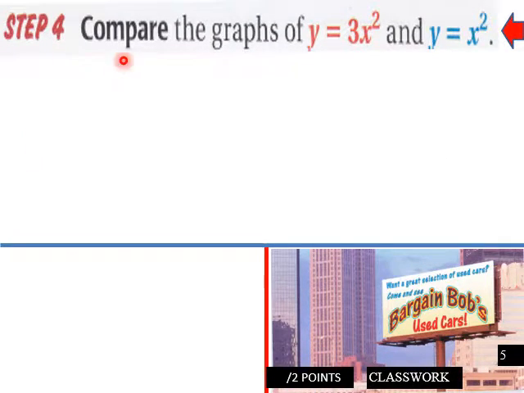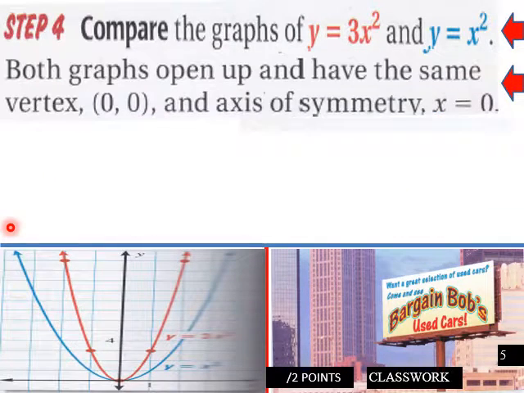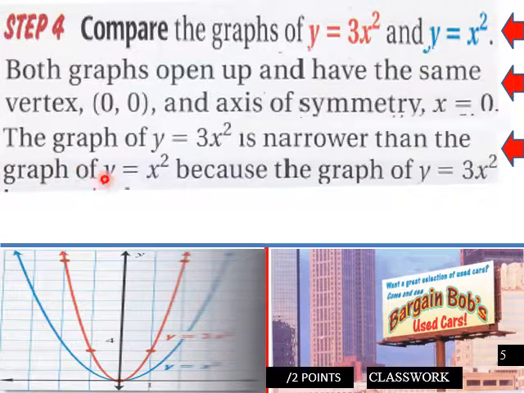Compare the graphs of y equals 3x squared and y equals x squared. We're going to compare them again. Here they are. Both graphs open up because your coefficients here are positive. The graph of y equals 3x squared is narrower than the graph of y equals x squared. They call it narrower, but it's steeper, it's compressed, it's narrower, same thing.